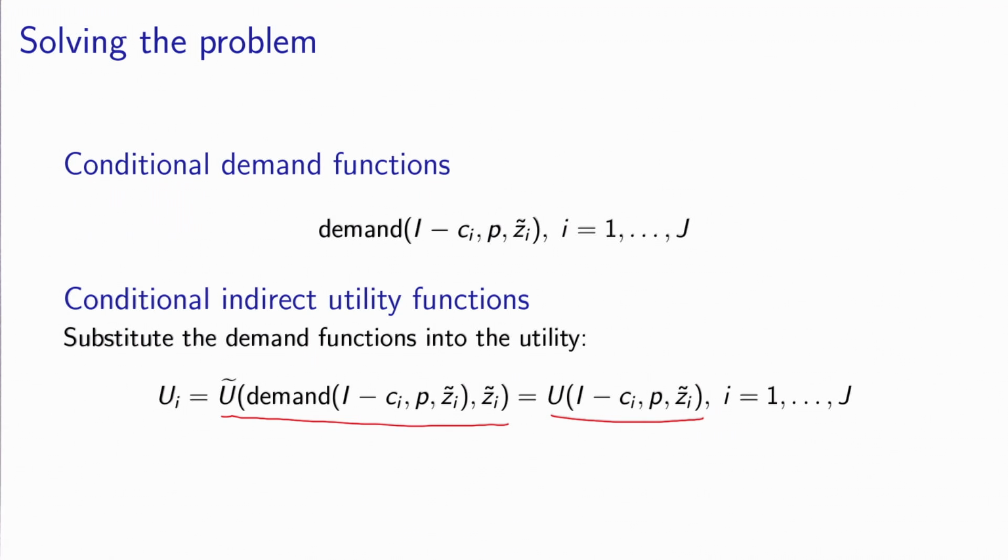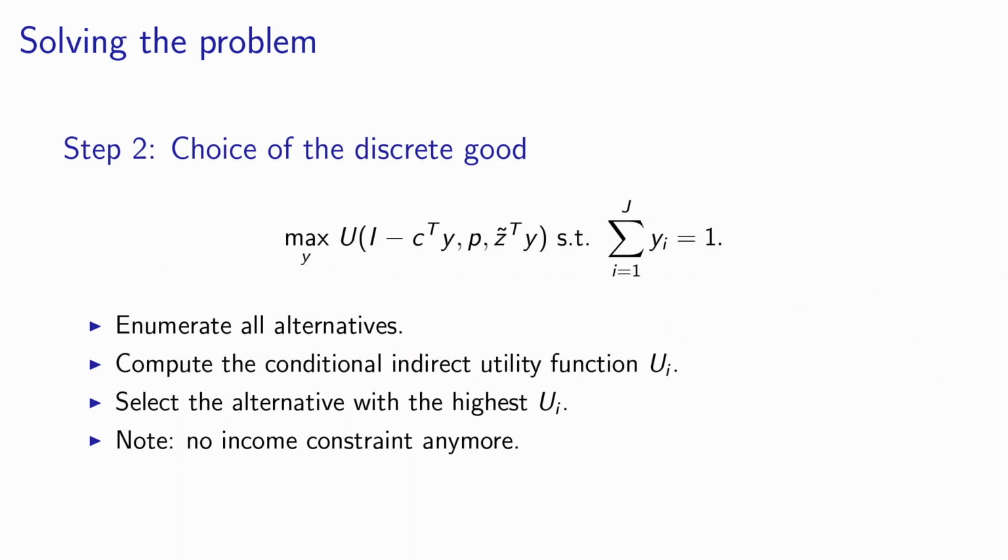So let's see the step 2 now, the choice of the discrete good. So now for each alternative I, we have been able to derive this conditional indirect utility function, which basically calculates the utility that you will get if you select alternative I and if you make an optimal decision on the continuous goods. So basically what we want to do is to find the alternative which is associated with the maximum utility.